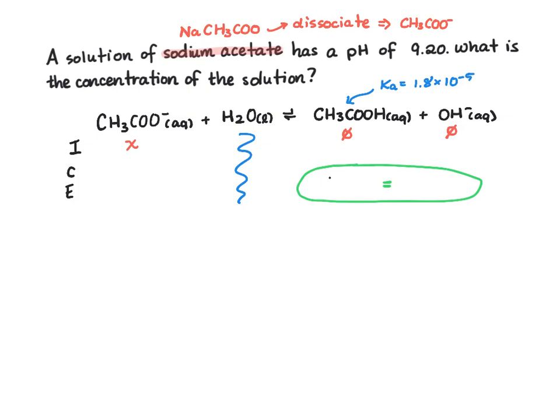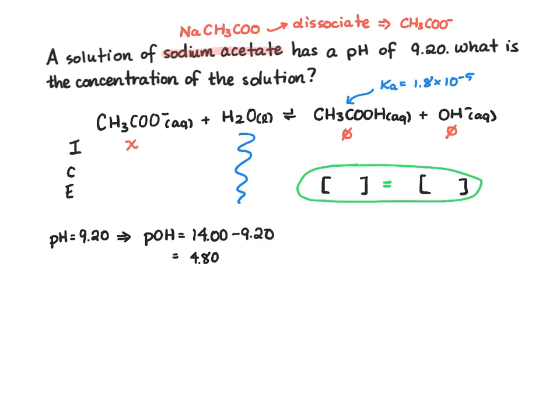So the concentration here is equal to the concentration here. And so if we have our pH as 9.2, we can find pOH by subtracting that from 14. And that's going to equal 4.80.